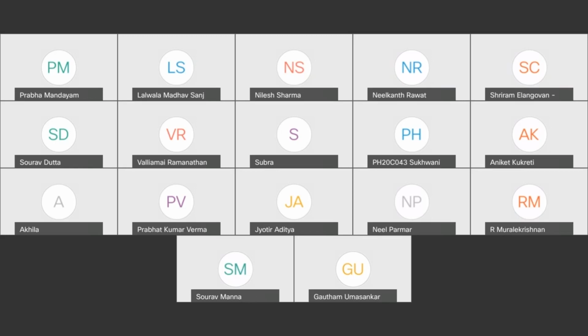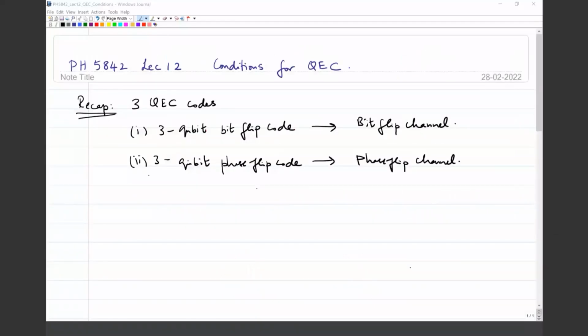All right, so these are the 2 noise-specific codes that we've looked at. In these 2 cases, the way we identify the code is by writing down a pair of states, which we call the code words, right? So we wrote down a pair of states.